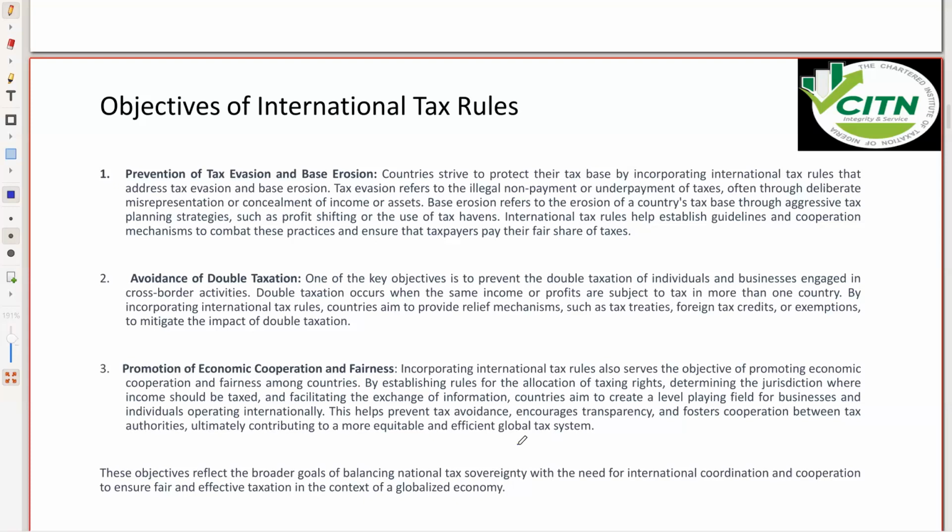That's because of some of the challenges I've just mentioned, including the issue of double taxation. So because of that, there's a need to have international tax rules, and there are certain objectives why we should have those rules. One is prevention of tax evasion and base erosion.